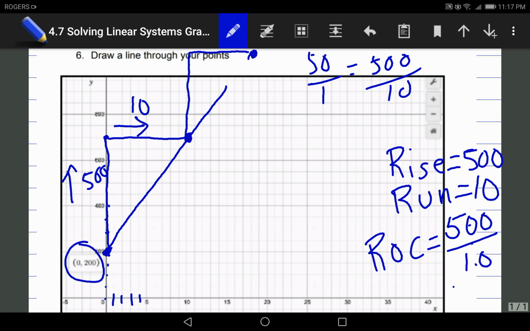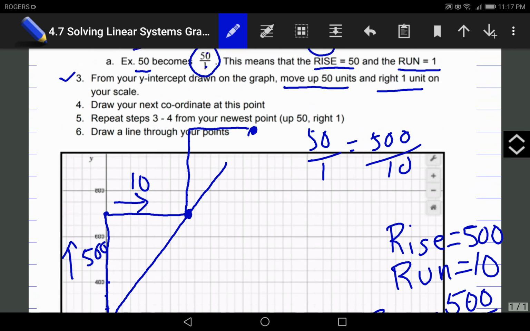So from each point, you keep going up 500 and right 10. You can continue to draw as many points as you want as long as your grid is big enough.